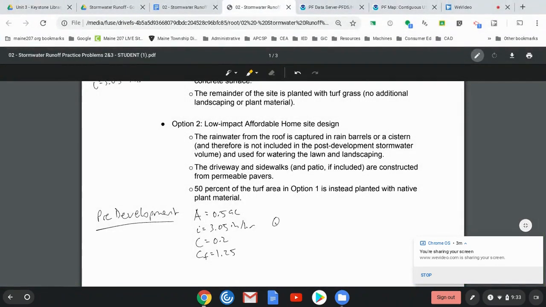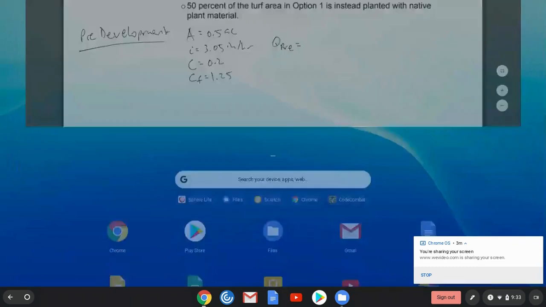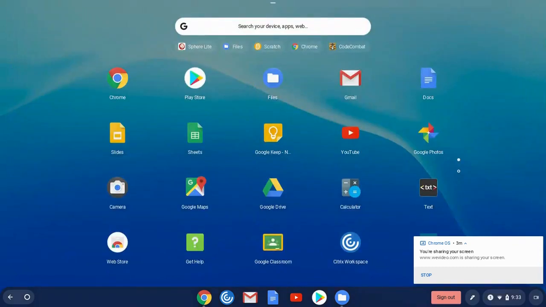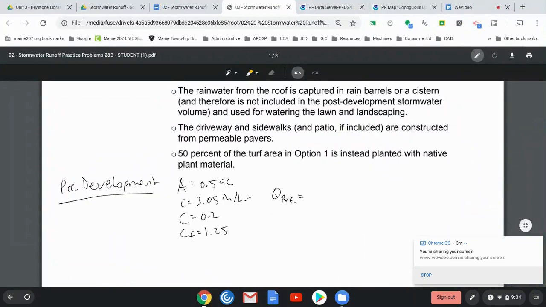So for pre-development, Q pre is CF times C times I times A, so it's 1.25 times 0.2 times 3.05 times 0.5.